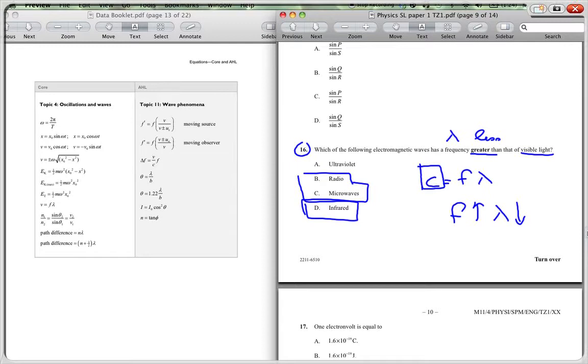Infrared is the wavelength given off for heat. When something is warm, it gives off energy in the form of infrared, and it's slightly longer. So ultraviolet is the one that's the higher frequency. These are the ones that cause damage to skin and so forth, and the ozone layer protects us from the ultraviolet radiation.